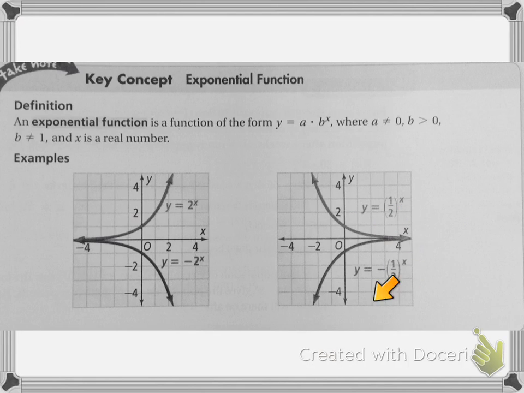If the base number is a negative fraction, it gets bigger. That flips upside down. And the difference between the two graphs, this is called exponential growth, and this is called exponential decay. Growth, decay. Growth gets bigger, decay gets smaller.